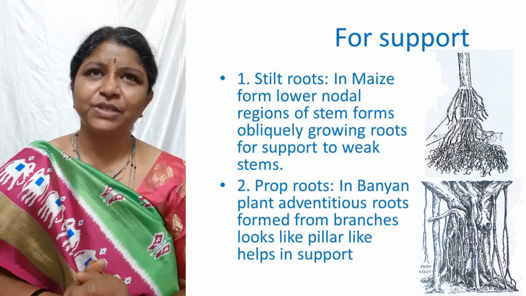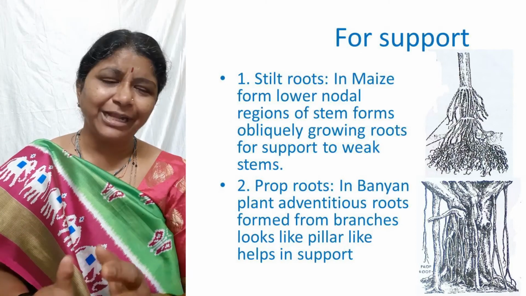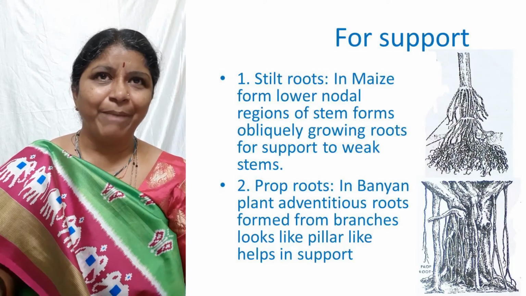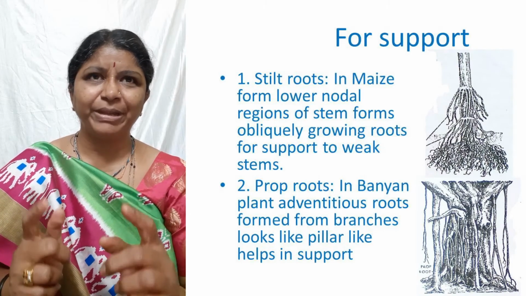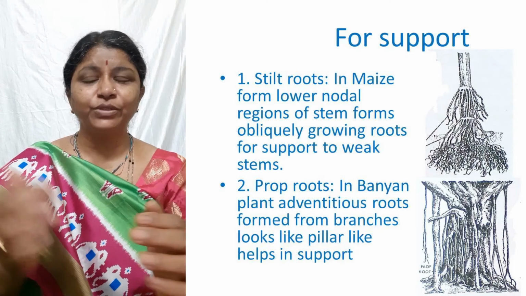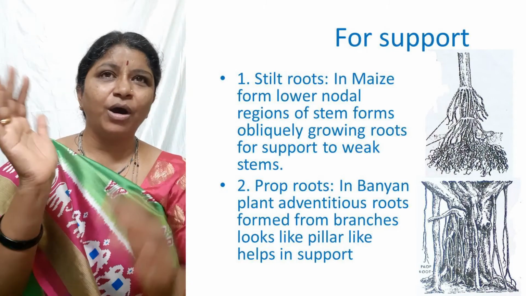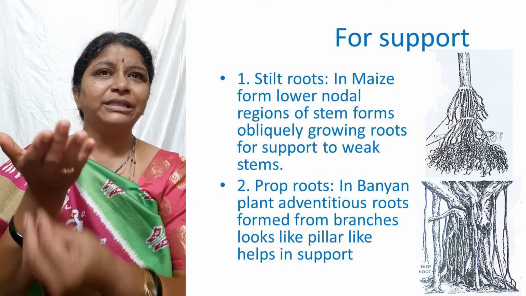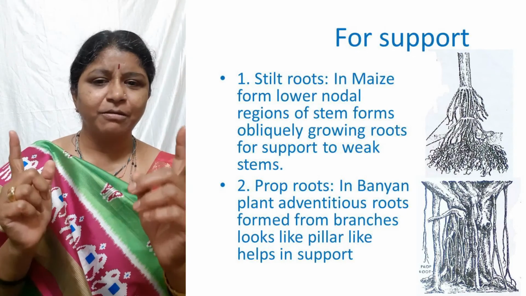We can even observe such stilt roots in halophytes. The second type of supporting roots we find in the banyan plant, which are also known as prop roots. Prop means pillar. So the roots that are formed from the branches look pillar-like and are meant for giving mechanical support. Such roots are known as prop roots.